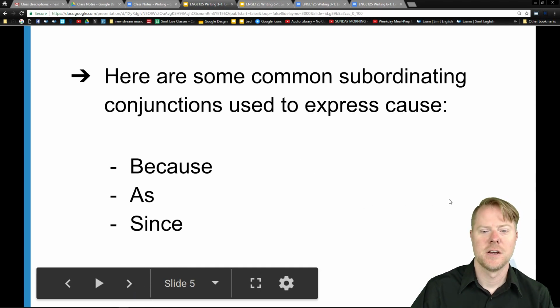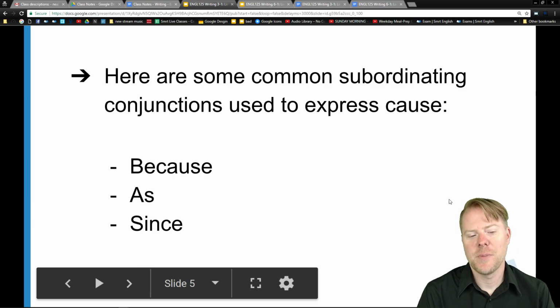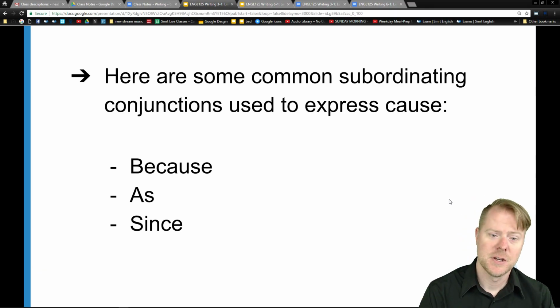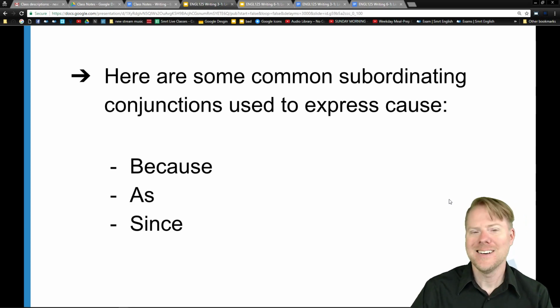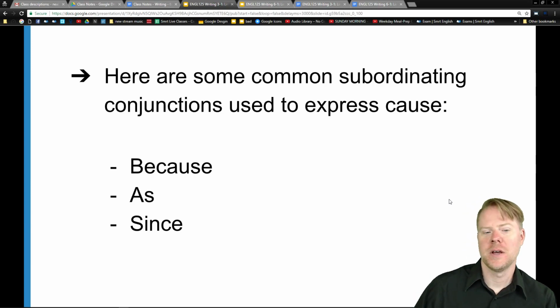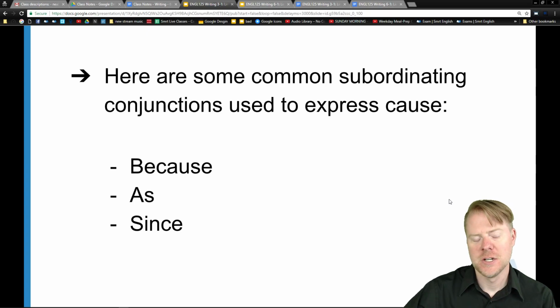First, cause. And we're just going to talk about three of the words that show cause to begin with. These are common subordinating conjunctions used to express cause: because, as, and since. When you use them as a conjunction, they're all going to be synonyms.